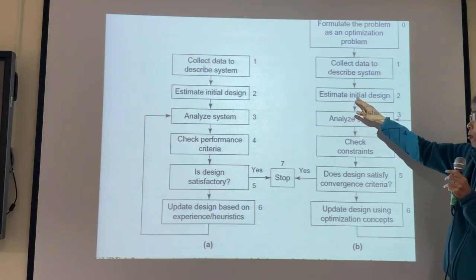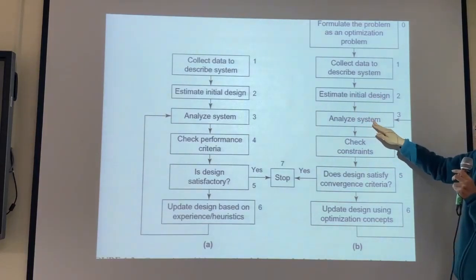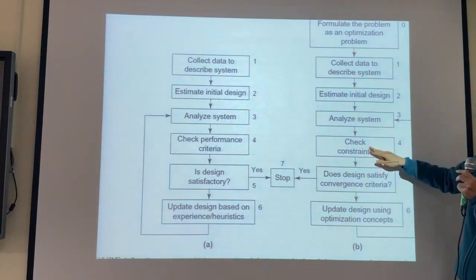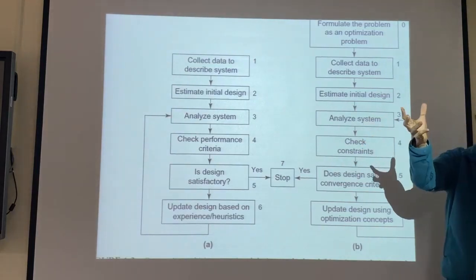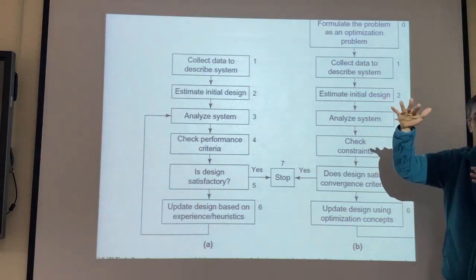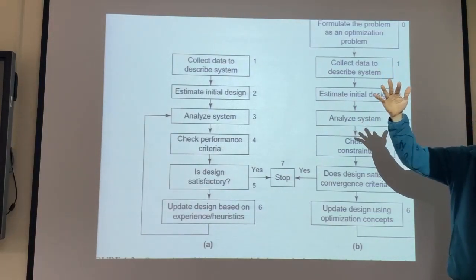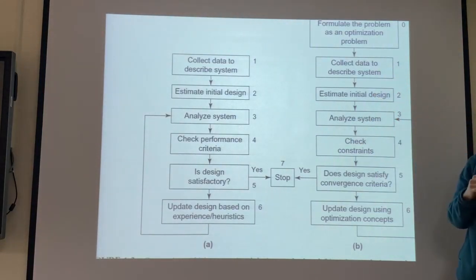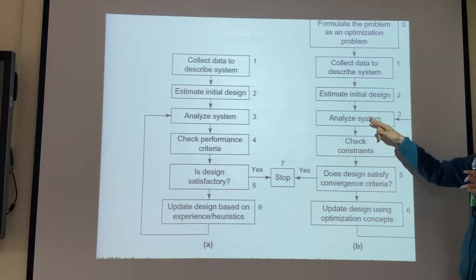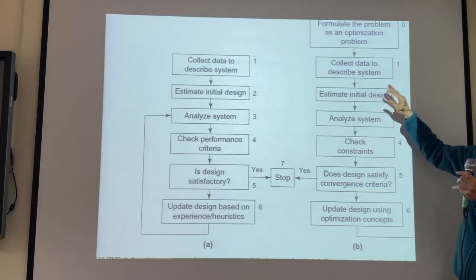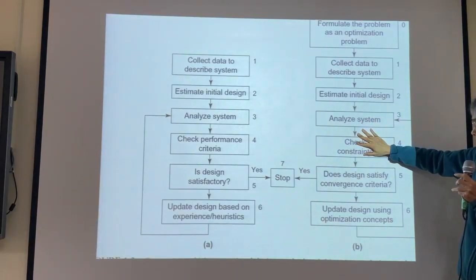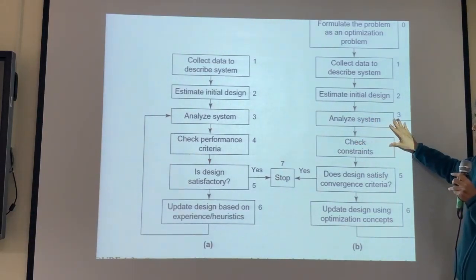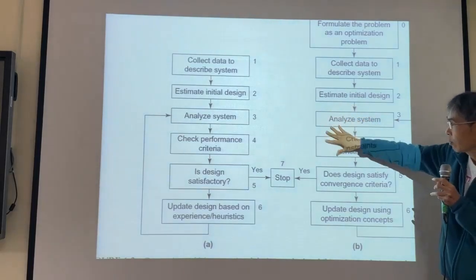But for this optimization design process, you get the problem statement, you collect data, you get the initial design by hand, then you analyze this one, then you check your constraints, because we have design variables, but we have our limits, upper limits or lower limits of the design variables. Those are the constraints. So you have your design variables, you have your constraints. Then you have your optimization process.